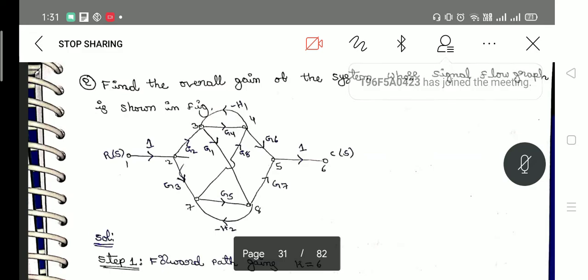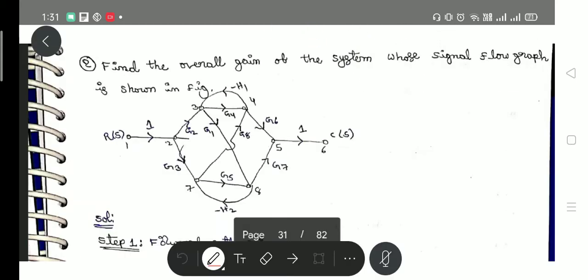Okay, here one signal flow graph is given. In this, the first step is we can find how many forward paths are there in the system. Yesterday I told you, 6 forward paths are there in this signal flow graph.